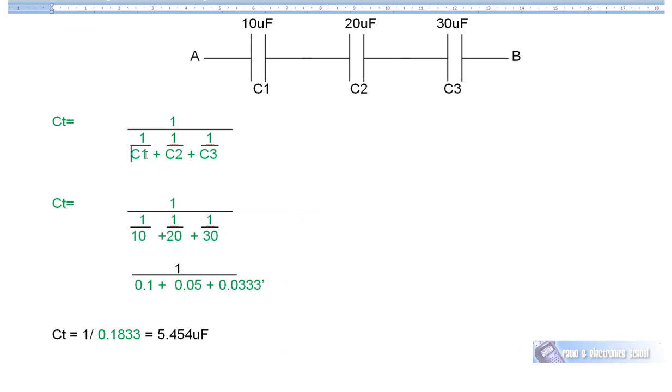For resistors in parallel, that would be R1, R2, and R3, but the technique is just the same. So for capacitors in series, resistors in parallel, and also for inductors in parallel, this same equation works. It doesn't have to be just 3, it could be 10 resistors, it doesn't matter.